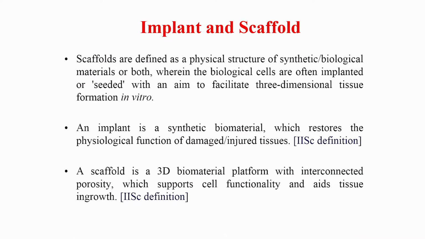These other things are called implant and scaffold. An implant is a synthetic material which restores the physiological function of damaged or injured tissue, whereas a scaffold is essentially a 3D biomaterial platform with interconnected porosity. Those who are not from a biomaterials background often think implant and scaffold are synonymous, but you must understand that they are not synonymous.